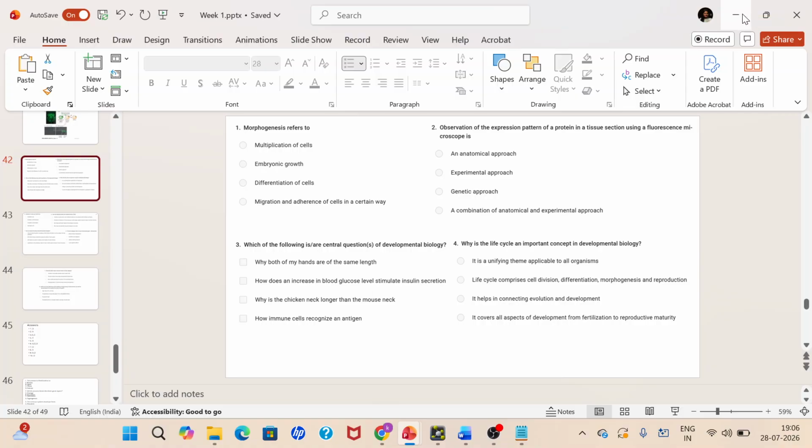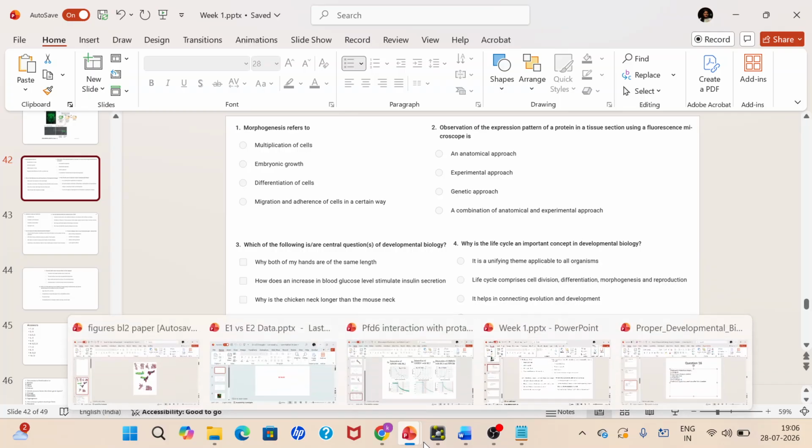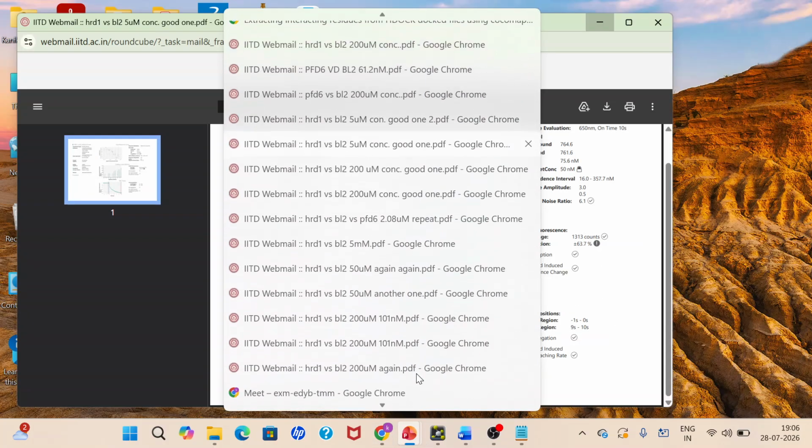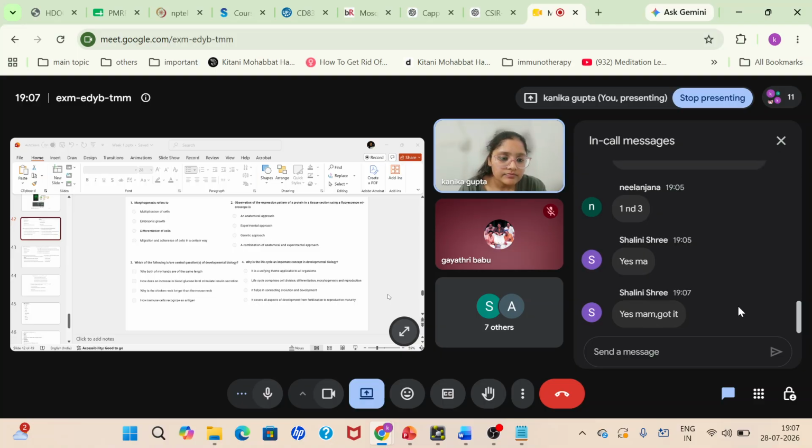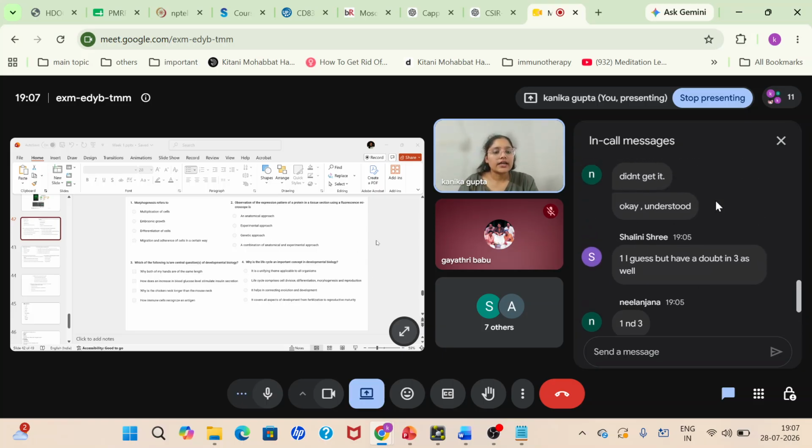It is developed throughout evolution depending upon the requirements of that organism in the niche it is living. Did you get that, Shalini? Okay, so the answer to question number three is both options one and three.